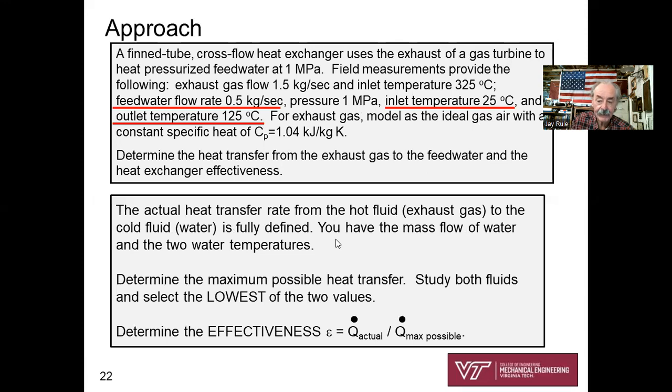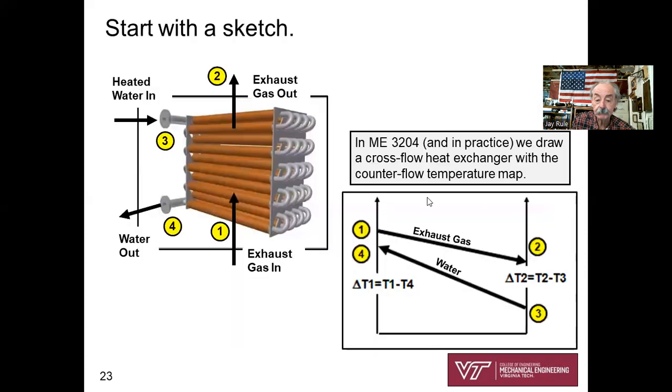Okay. The effectiveness, we're going to have to study two situations, pick the minimum one. That'll give us the denominator, Q dot maximum possible, and then we'll have our effectiveness. So let's get started with the example. Let's start with a sketch. We've got exhaust gas coming in at state 1 and leaving at state 2.